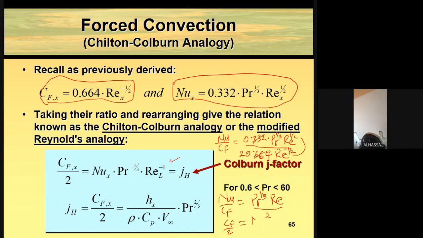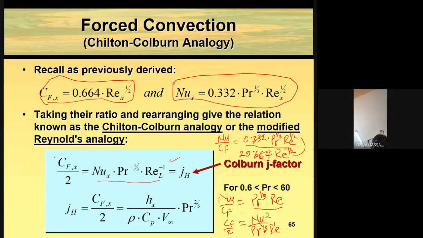So yes, we have Nu divided by Pr^(1/3) and then Re, which is the same as this equation. Because this is negative, but this is positive over here, and then we have positive 1 over here, so negative 1.